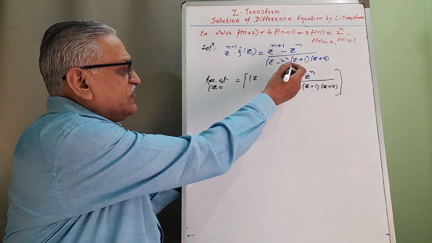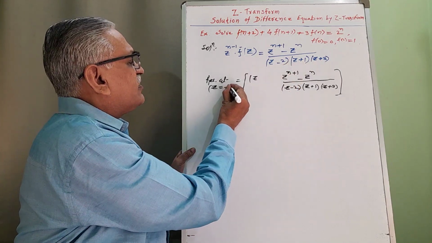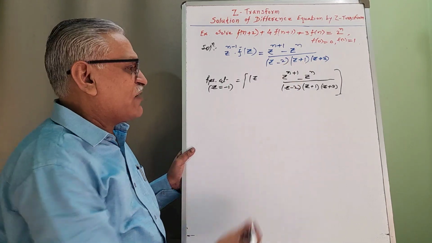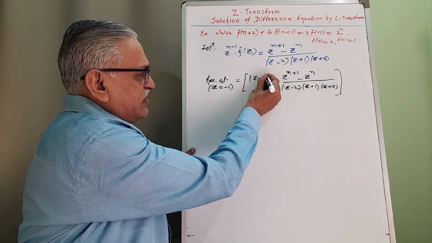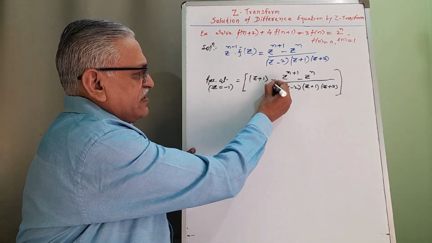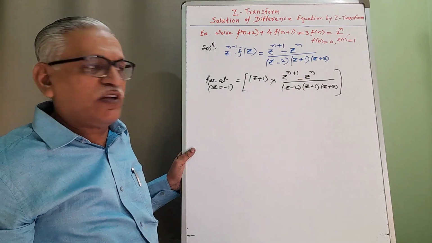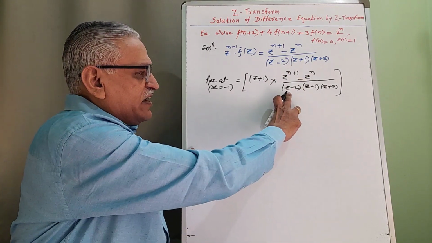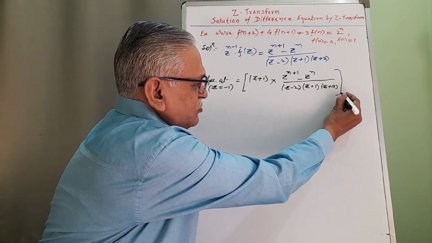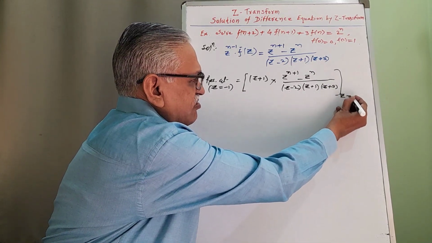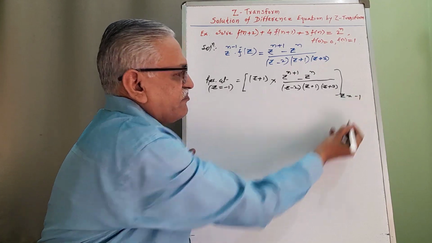Then the second residue, z equals minus 1. Applying the formula, z minus a, minus becomes plus, so z plus 1 multiplied by this term, z raised to n plus 1 minus z raised to n divided by z minus 2, z plus 1, z plus 3, at z equals minus 1.